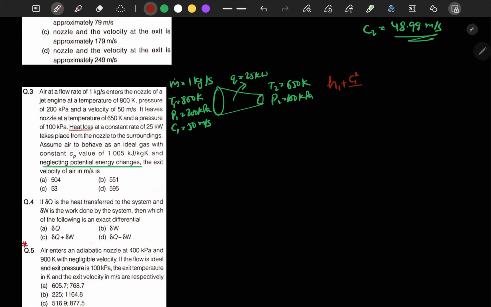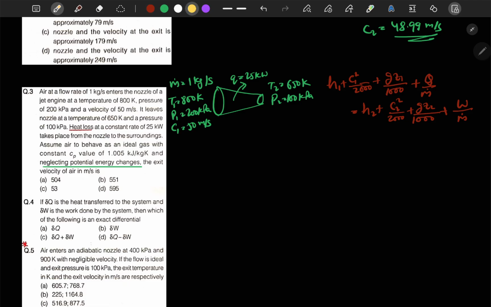H1 plus C1 square by 2000 plus g Z1 by 1000 plus Q is equal to, and notice one thing, since there is mass flow rate, we can write it as Q dot, capital Q divided by m dot, is equal to H2 plus C2 square by 2000 plus g Z2 by 1000 plus W by m dot.